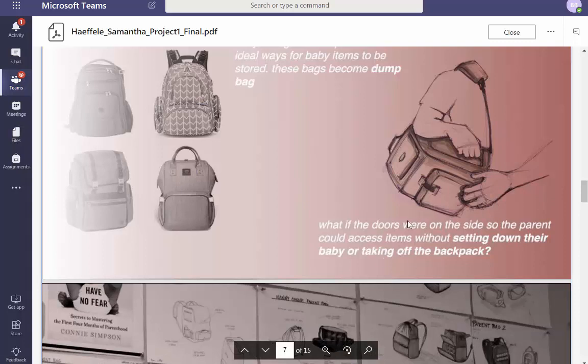What if you could also access the necessities from any bag position? Because that way you can slide off left, you can slide off right, you can take it totally off your body and hold this handle without putting it down.